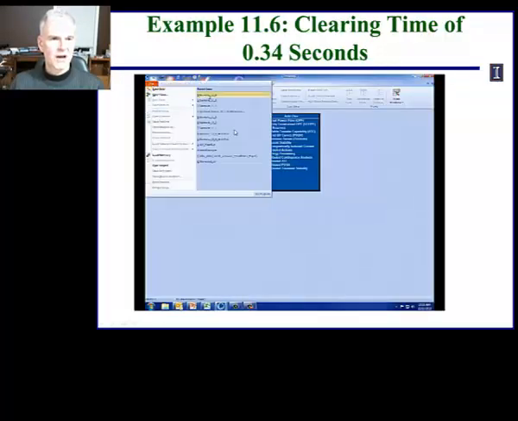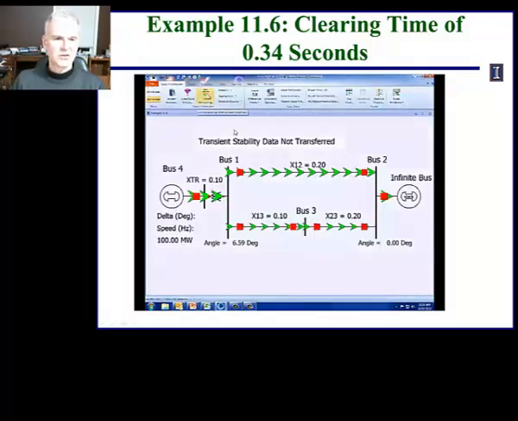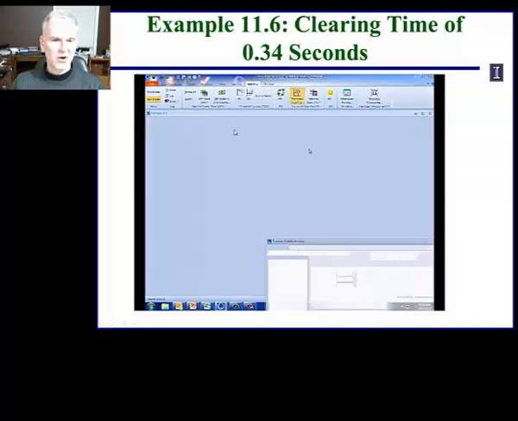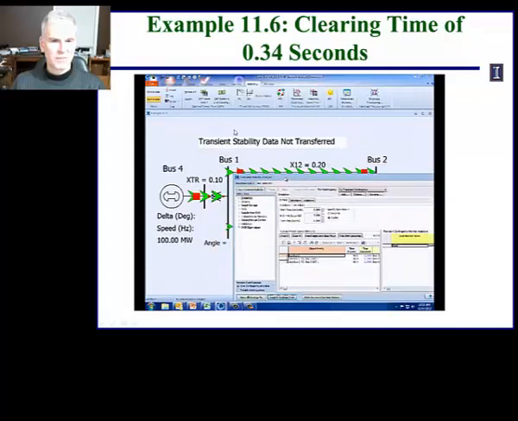So here I'm loading the case into PowerWorld Simulator. This shows the one-line diagram. We're going to fault the system at bus 3. I'm calling up the transient stability add-on to PowerWorld, which models the fault. The fault is shown there down on the bottom.